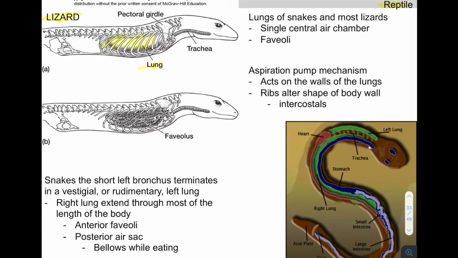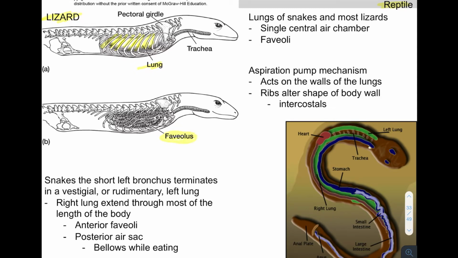You may know that mammals, such as humans, have air sacs that have a dead end to them called alveoli. But in lizards, what we have are faveoli.